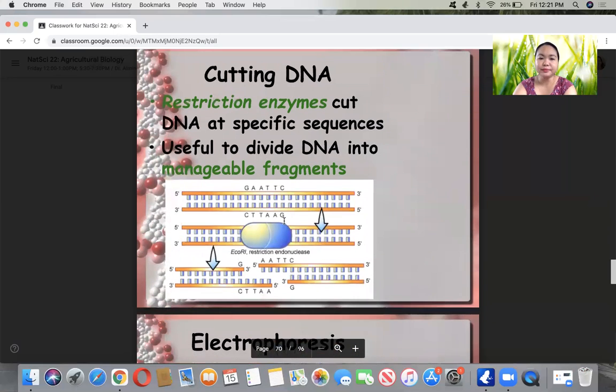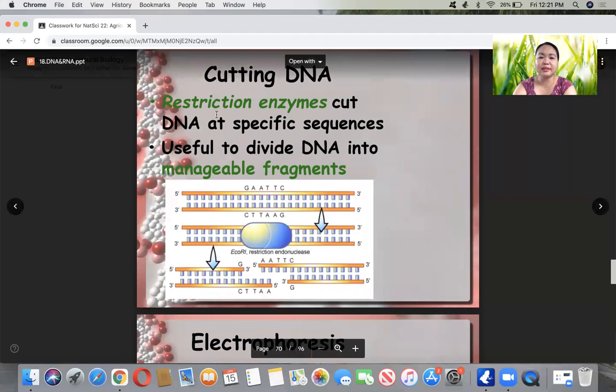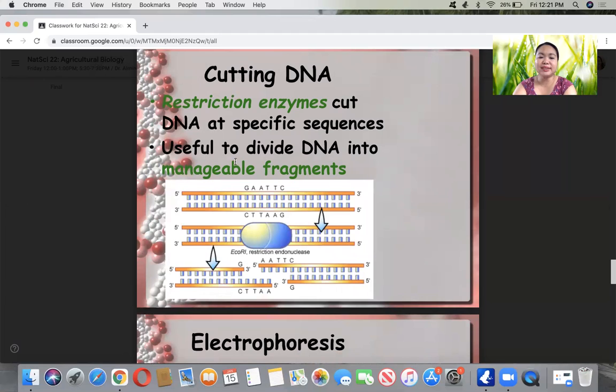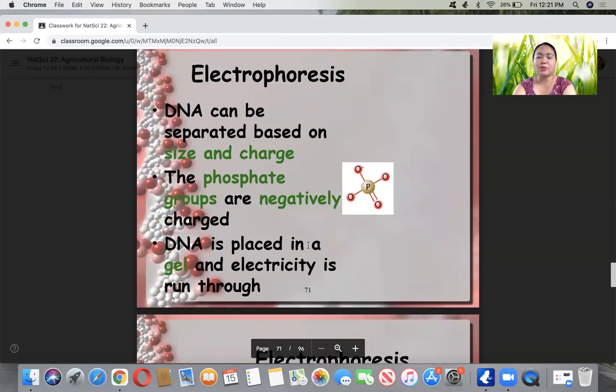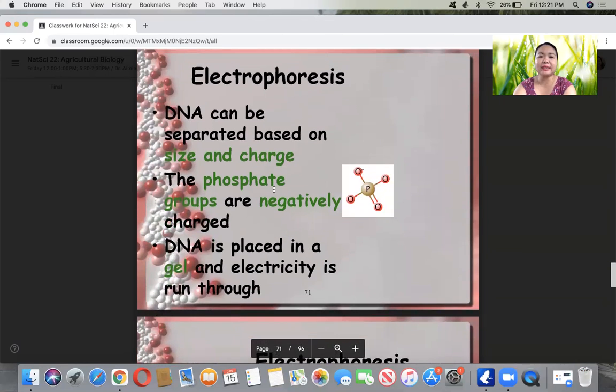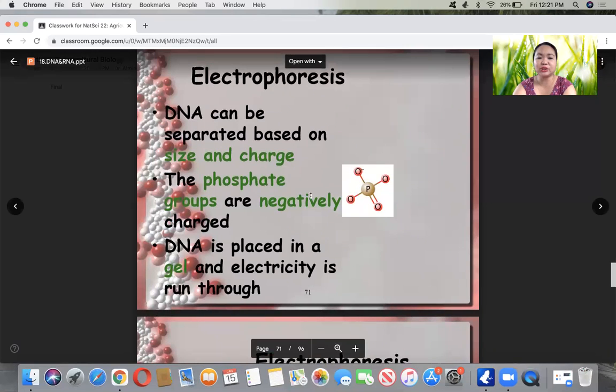Cutting DNA: restriction enzymes cut DNA at specific sequences and are useful to divide DNA into manageable fragments. So this rDNA will be cut at specific sequences by restriction enzymes. Then we have the process called electrophoresis, where DNA can be separated based on size and charge.